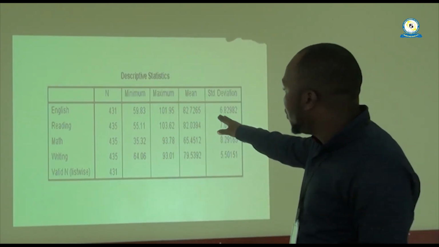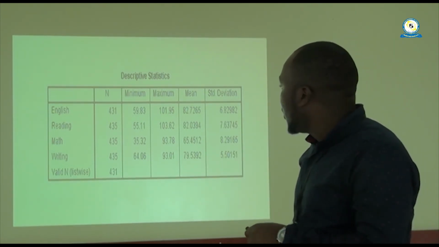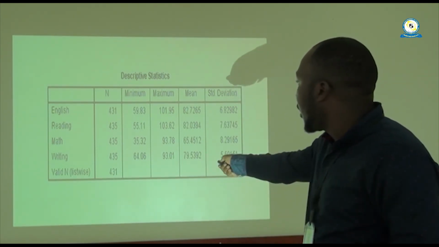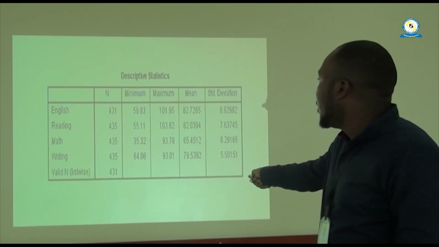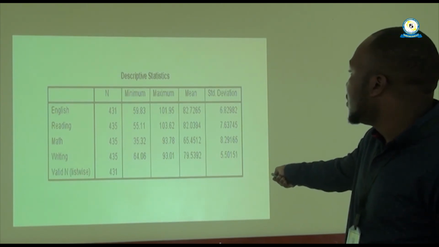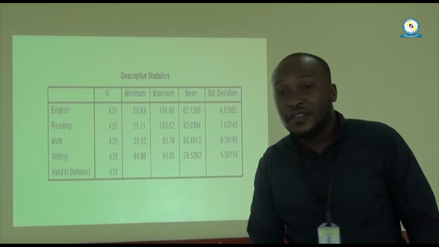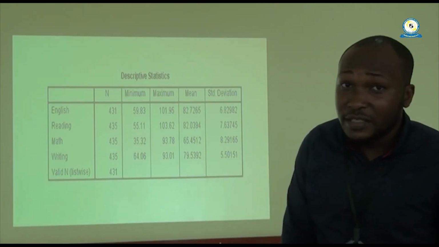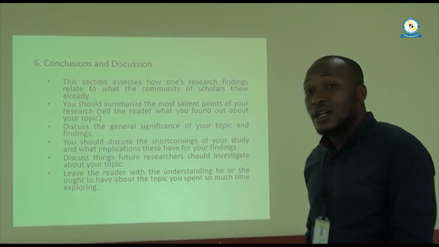The minimum, we go to the minimum marks for mathematics, this one here, 59.83, maximum, mean. This is the average, and the standard deviation. Things like that you can find on the descriptive statistics table.